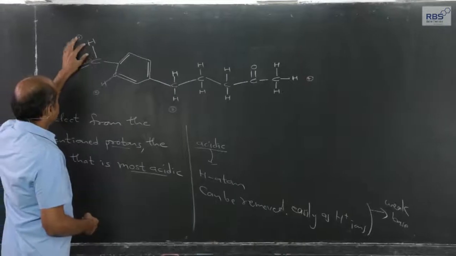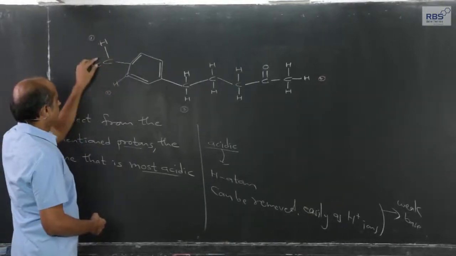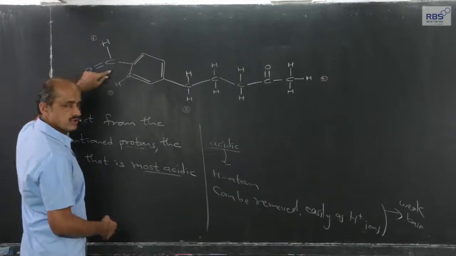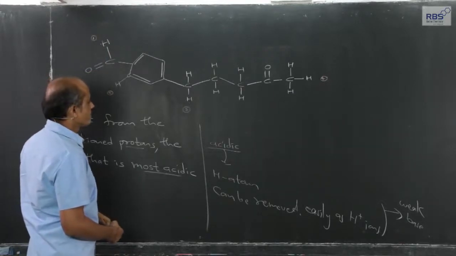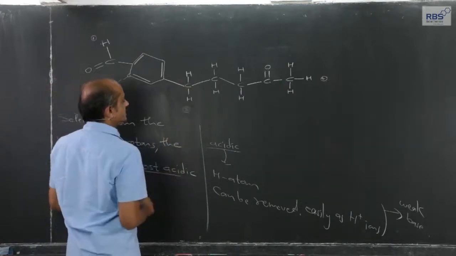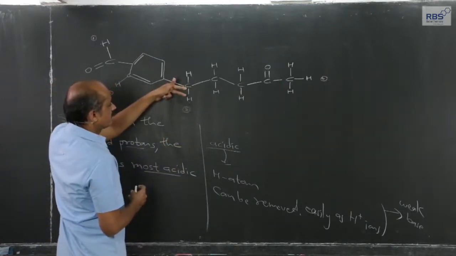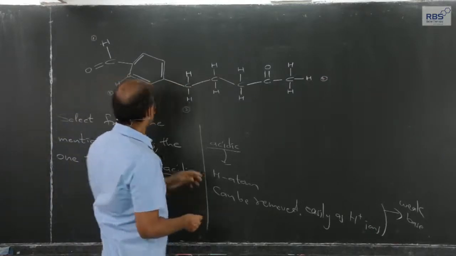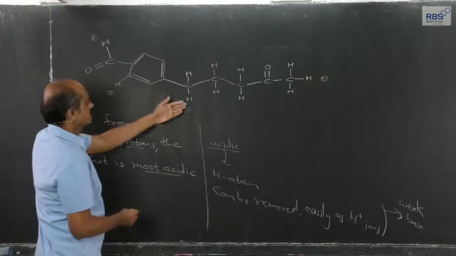Now, this is the aldehydic group, and this is the hydrogen atom directly attached to the carbon of the carbonyl group in an aldehyde. If a hydrogen atom is removed in the form of H plus ions, the electron pair will be left behind. It can be this hydrogen, this hydrogen, this hydrogen.